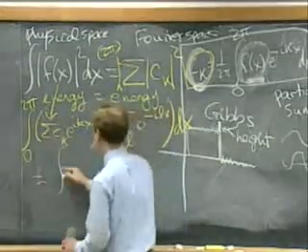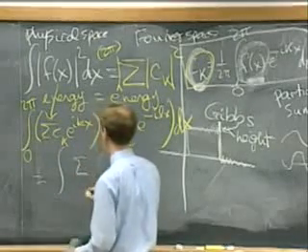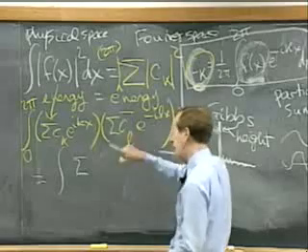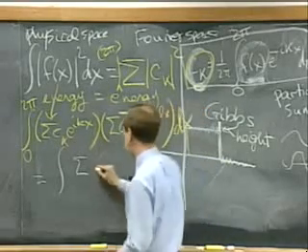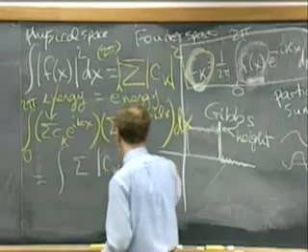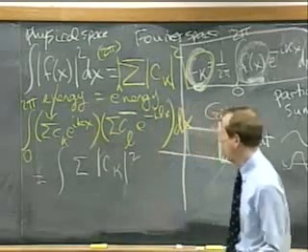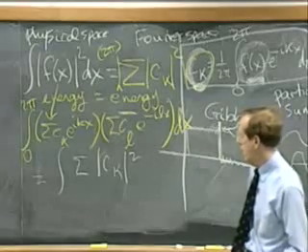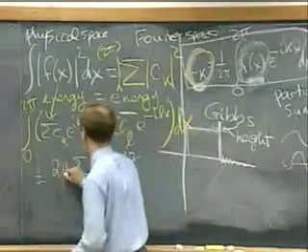Then, in the integral from 0 to 2 pi, we just have the sum of ck times ck bar, since L has to be the same as k, so it's ck squared. This times this is just 1 when k is L. And here we have a constant, so when we integrate it, we get the 2 pi.